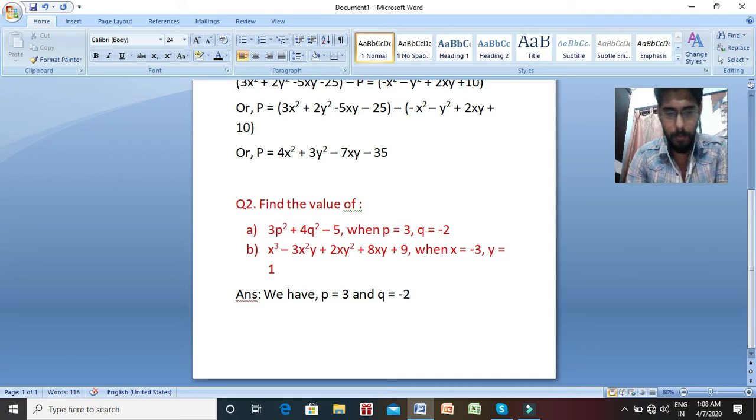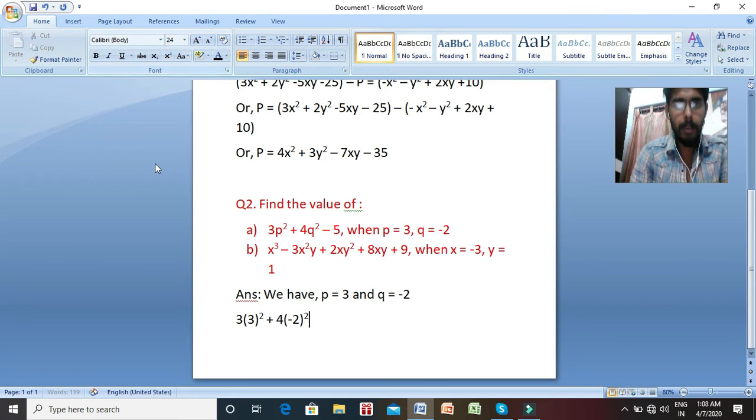So 3 into p squared, p is 3, so 3, and I will put a square on this, 3 squared. Then plus 4 into bracket q squared, q is minus 2, negative 2, and square it, minus 5. So that is the answer of the first one.